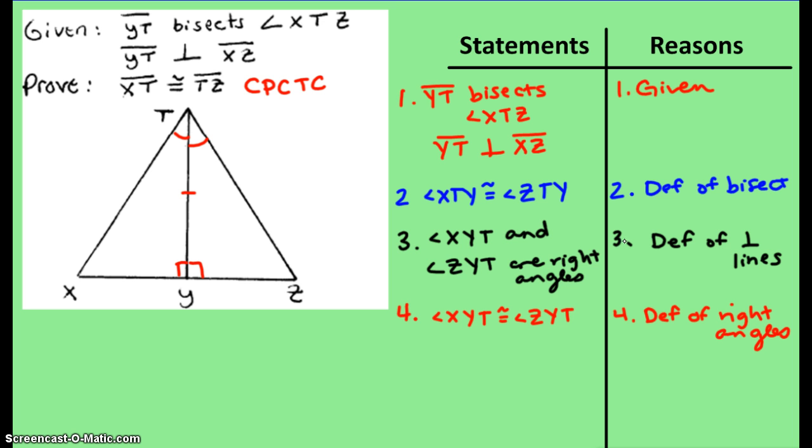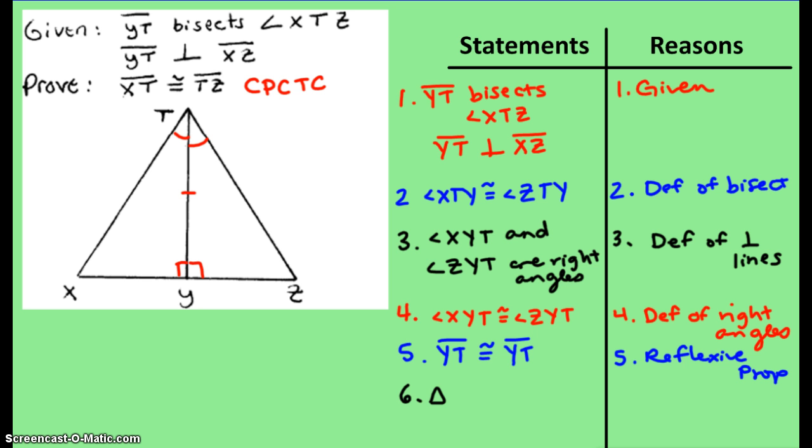Alright. We also wrote on our page that YT was congruent to YT. Okay, remember, anytime I'm congruent to myself, that is the reflexive property. And now we can prove these 2 triangles congruent.